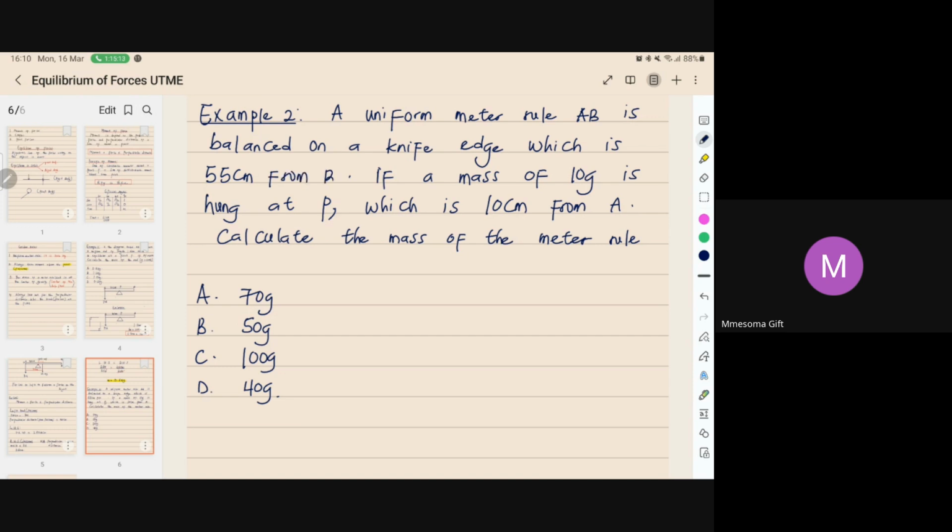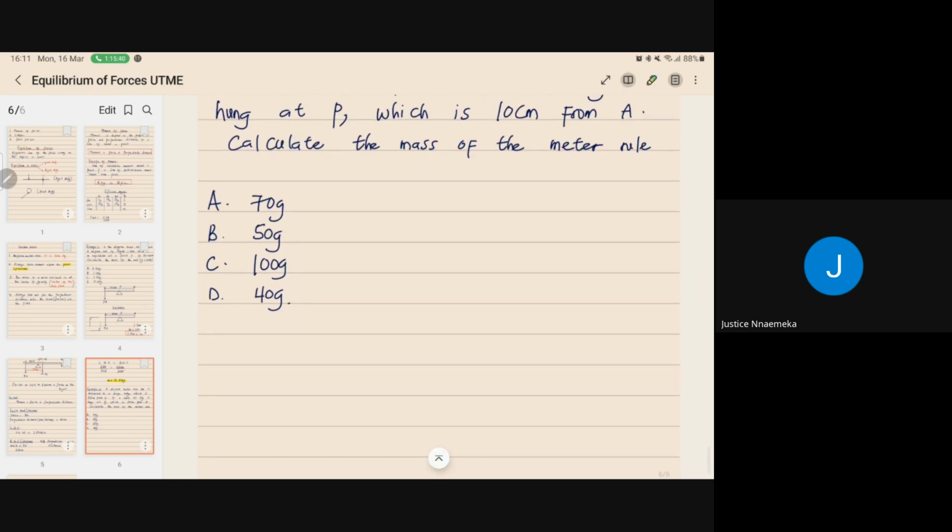So now, if a mass of 10 gram is hung at P, which is 10 centimeter from A, now calculate the mass of the meter rule. So it's 55 please. So now let's draw the solution.